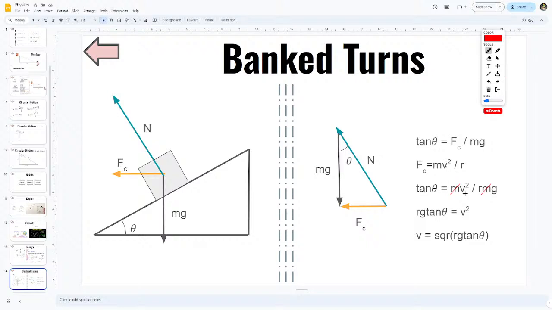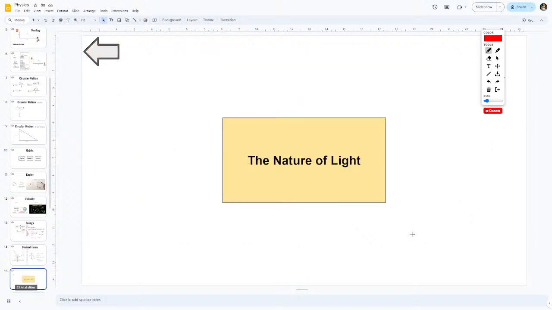So tan theta equals mv squared on rmg, the m's cross off. rg tan theta equals v squared. v equals square root of that. That's what this is. And that's how you find the optimal velocity on a bank turn using that.